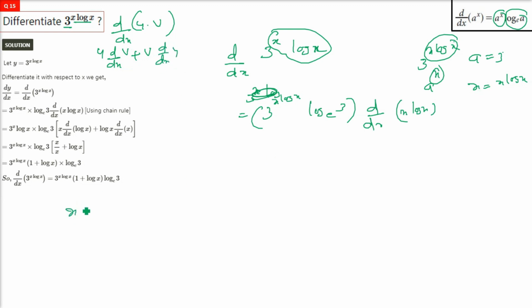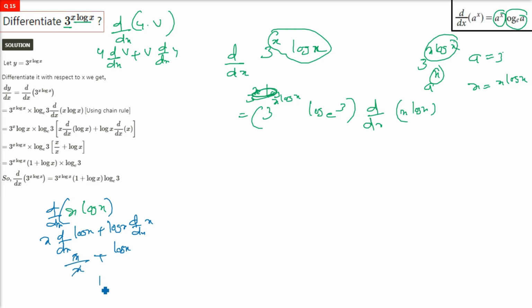It doesn't matter. So x log x, I'll do it here, and then I'll combine it with the final answer. So d by dx of x log x: take x, then d by dx of log x, then you take log x, and then d by dx of x. So x, d by dx of log x is 1 by x. So x by x plus log x, d by dx of x will be 1.